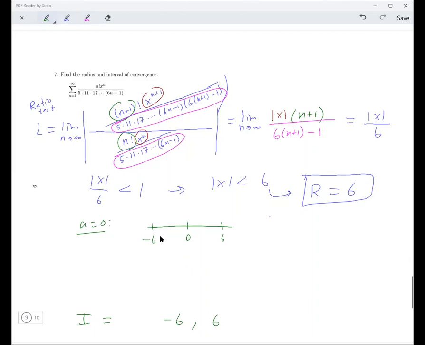But do we include 6, or do we exclude the 6? And likewise -6. So let's take a look at 6 first. So that's going to give us, whoa.